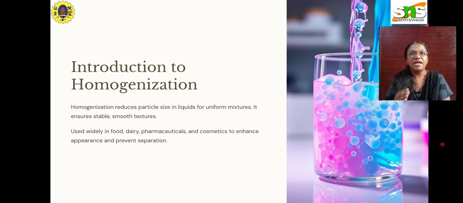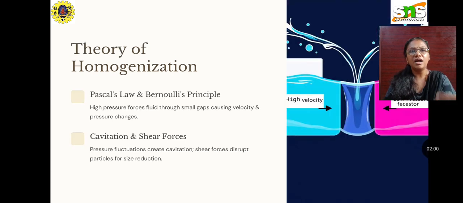Ultimately it gives consumer satisfaction by preventing separation and maintaining a very smooth, appealing texture over time.